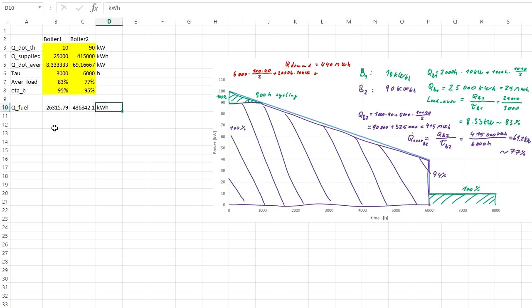So it's supplied heat in kilowatt hours, or we can have a look at the megawatt hours. Also in megajoules. Or maybe rather let's have gigajoules.